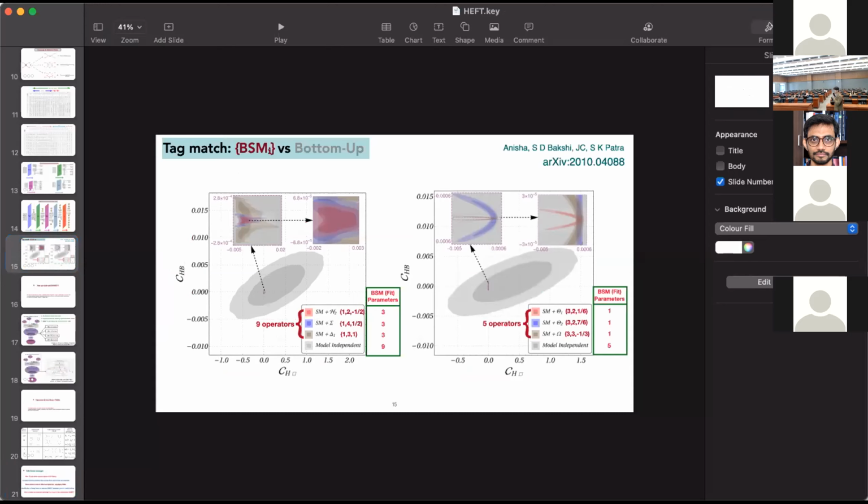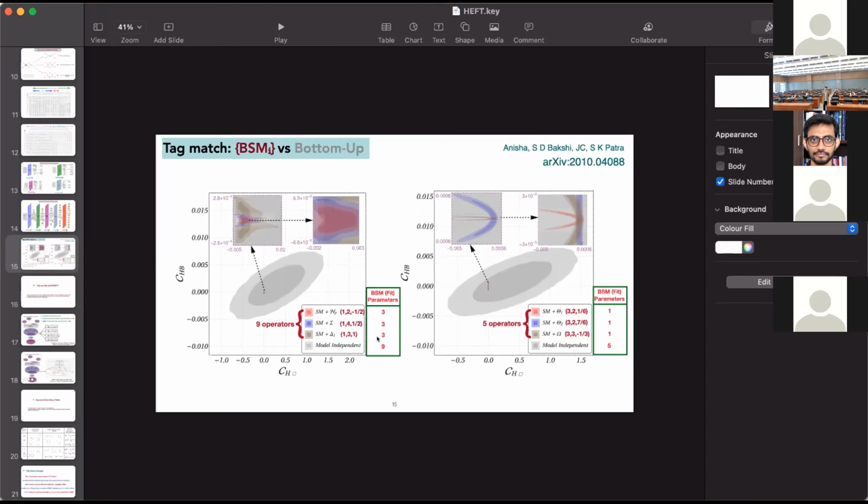Yeah, so basically, of course, once you incorporate more and more data, you will squeeze the parameter space. But what I'm trying to emphasize is the difference between the parameter spaces when you approach bottom up, because you get 9 operators and the 9 operators are independent. So your degrees of freedom is quite large. But when you come from the top down, you get the same 9 operators, but because these Wilson coefficients are functions of model parameters, though you have 9 operators, they are functions of 3.